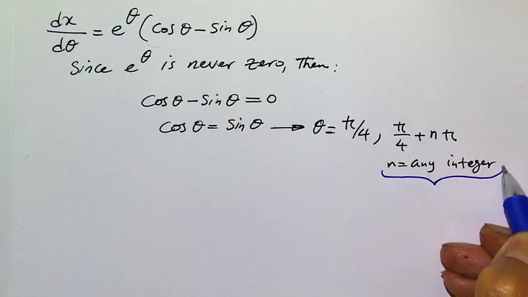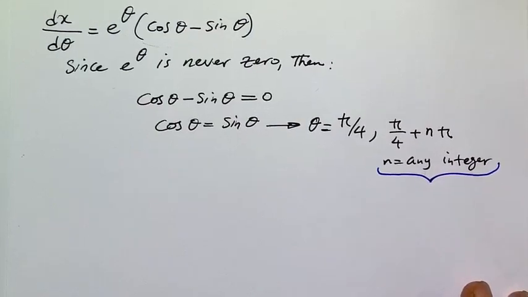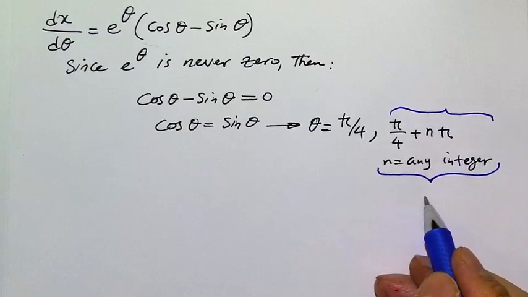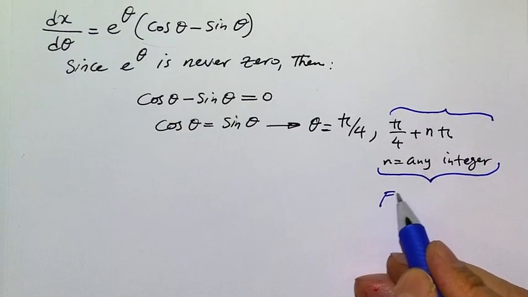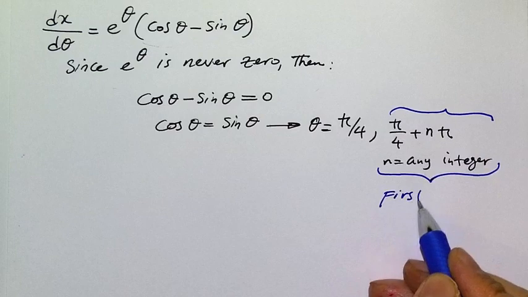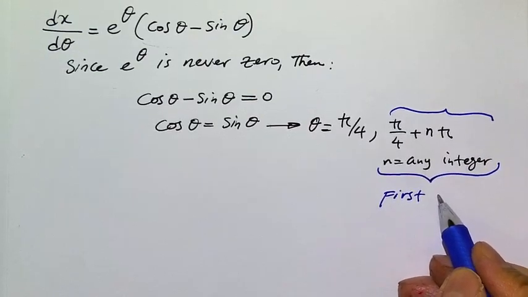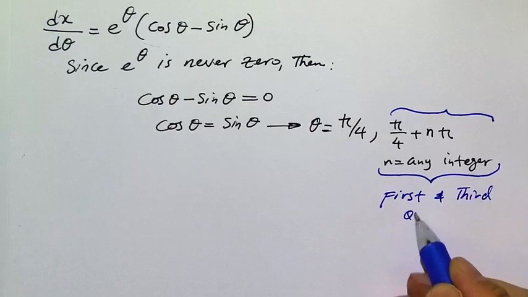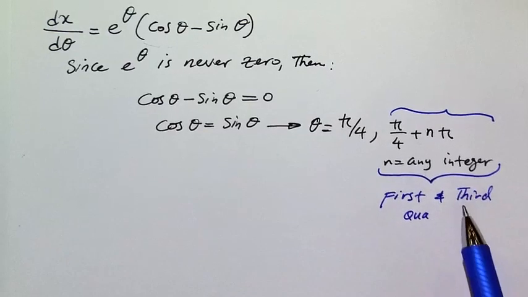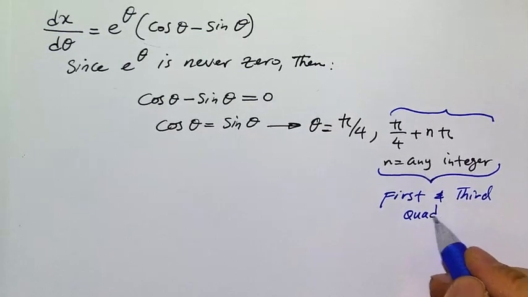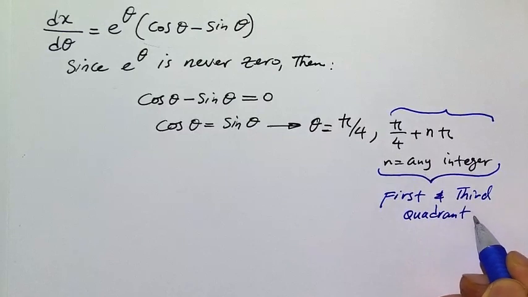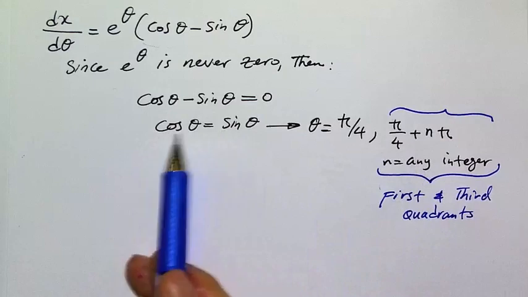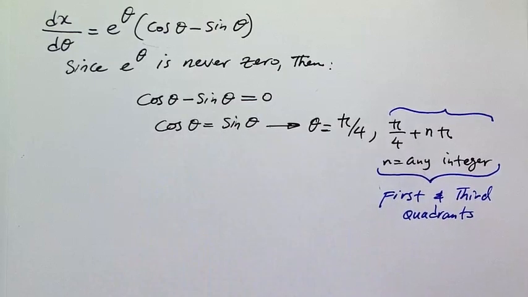I'll write it here: this is generalizing all the answers in the first and third quadrants. Those are the theta values for which this equation will hold true.